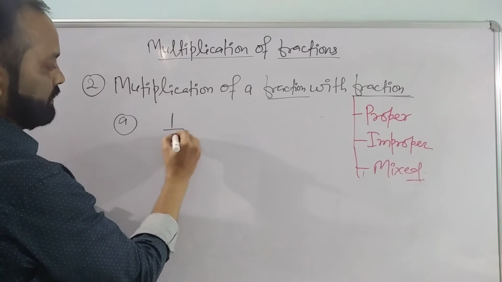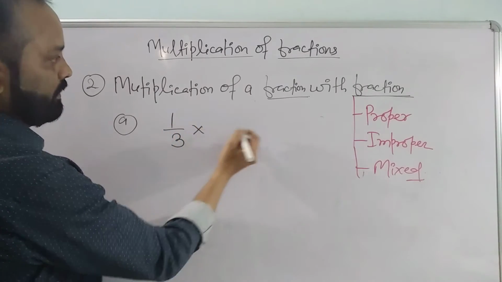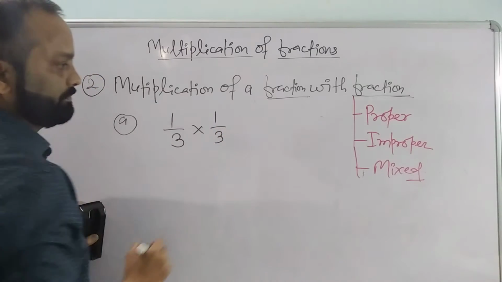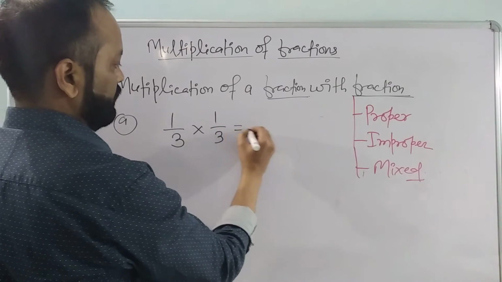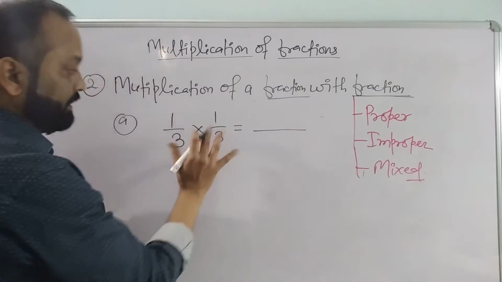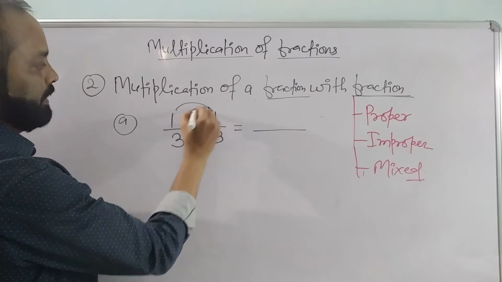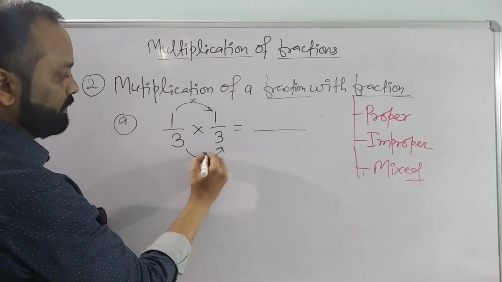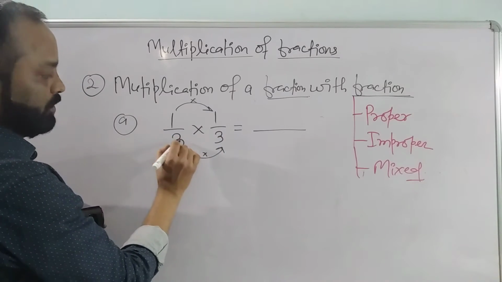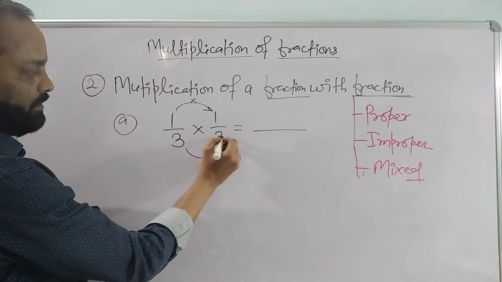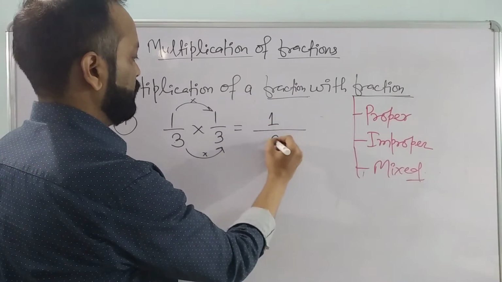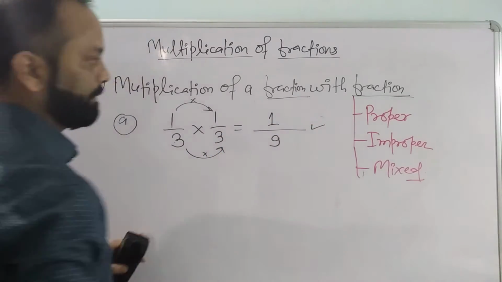The fraction is 1 upon 3, another fraction can be 1 upon 3, correct? So here we will multiply both these numerators and we will multiply the denominator part of the first fraction with the denominator part of the second fraction. So this will be 1 upon 9.